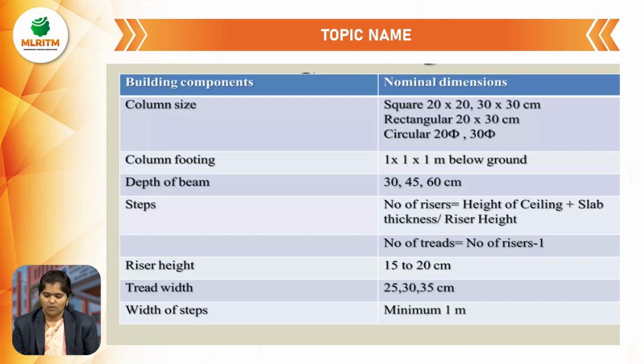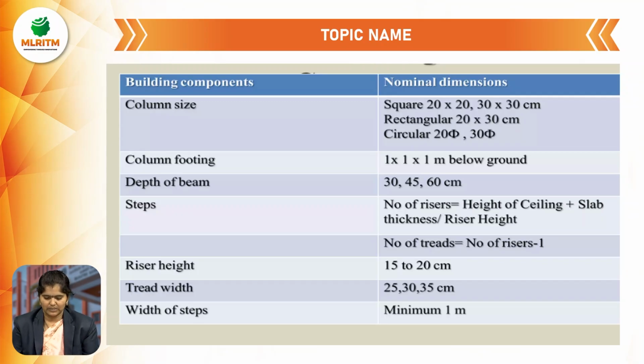Column footing 1 by 1 by 1 meter below ground level. Depth of the beam 30 centimeters, 45 centimeters, 60 centimeters. Steps. What are steps? Here, the number of rises equals the height of ceiling plus slab thickness divided by riser height. Riser height 15 to 20 centimeters.